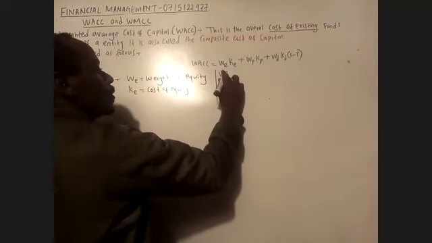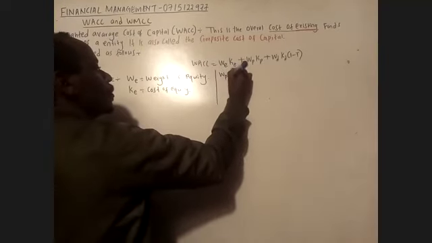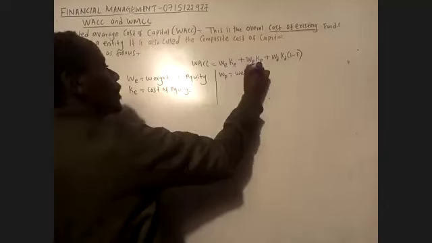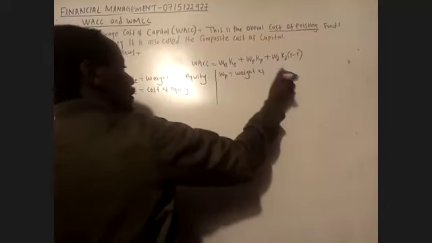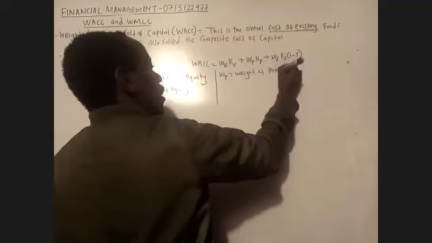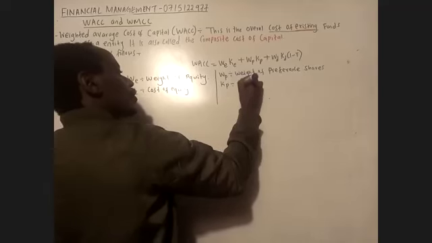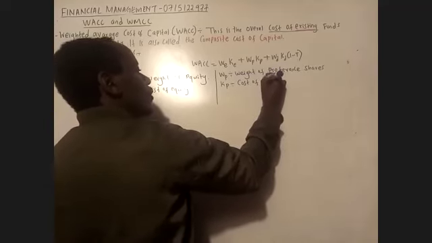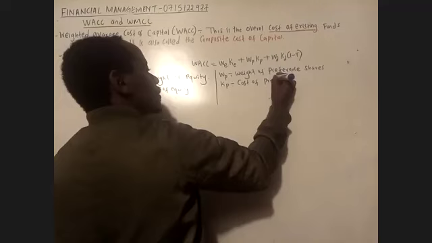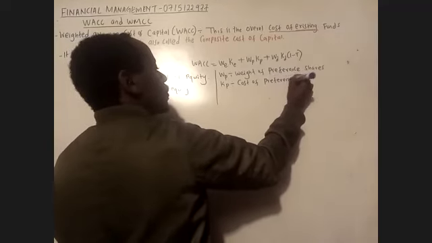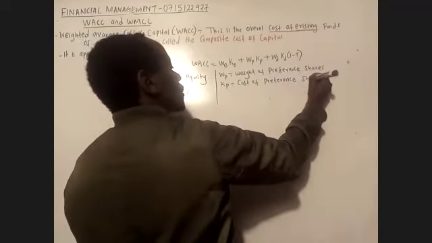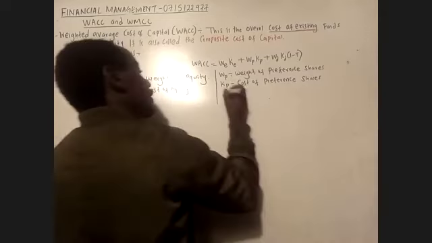WP is the weight of preference shares. KP is the cost of preference shares.